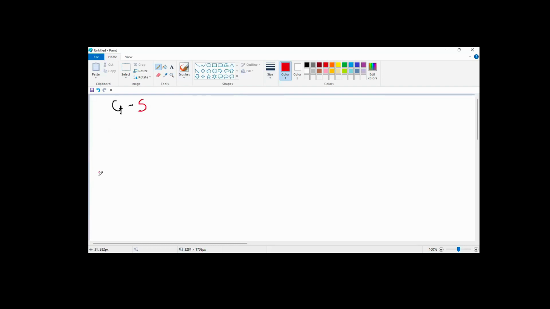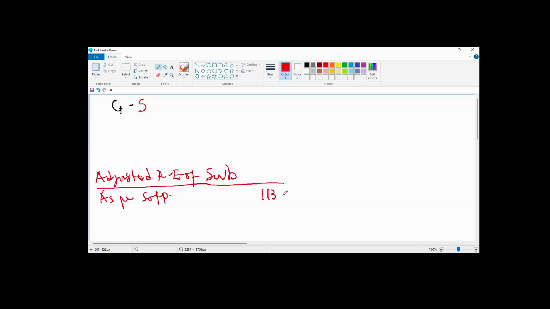So I need to open adjusted retained earnings of subsidiaries as per SOFP. I'll go to the question, what was the retained earning? 113,000.